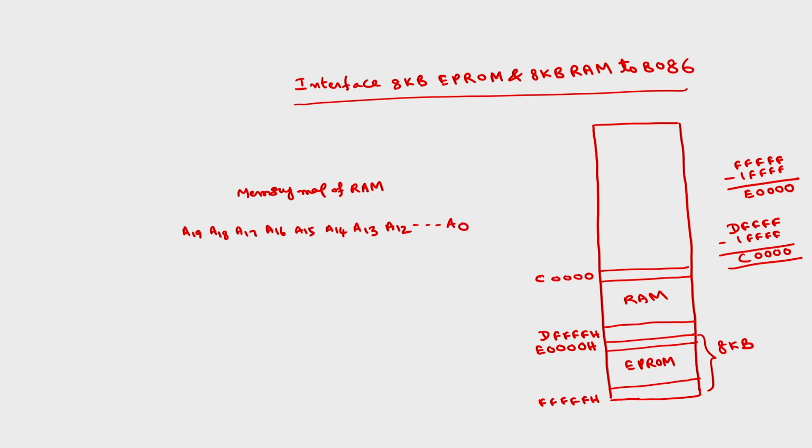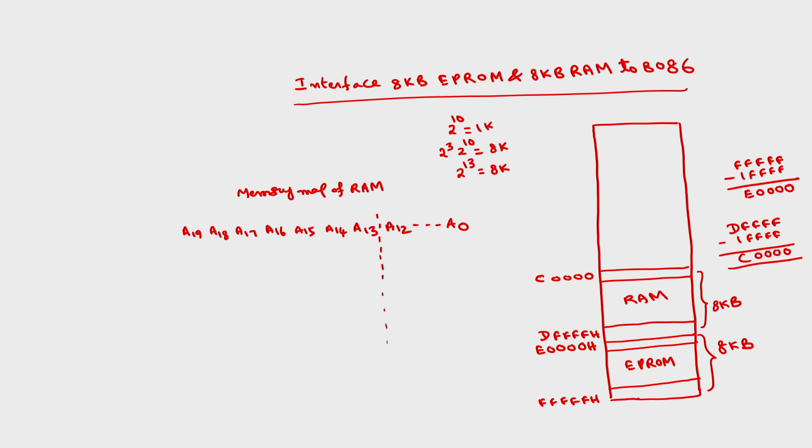In the case of 8 kilobytes of memory, how many address lines will be present? We know that 2 raised to the power of 10 is 1 kilobyte, 1K. If you want 8K, you multiply on both sides by 8, which is 2 cubed, so 2 cubed into 2 to the power of 10 gives 8K. So in total we have 13 address lines for 8K memory, A0 to A12.